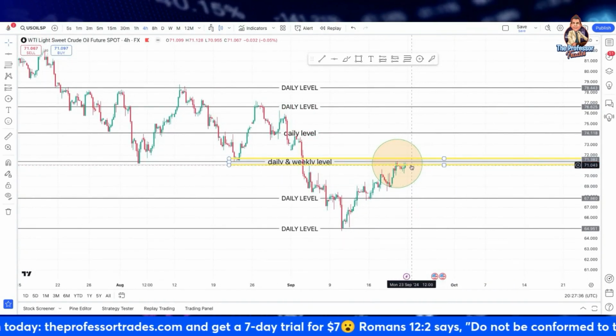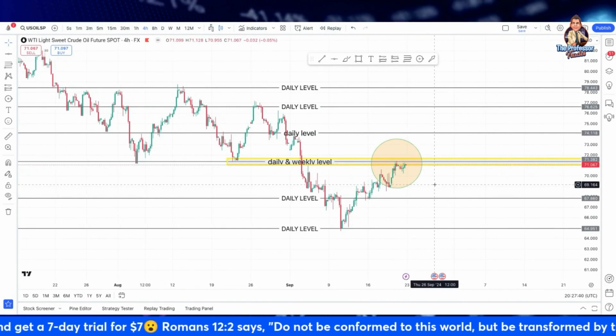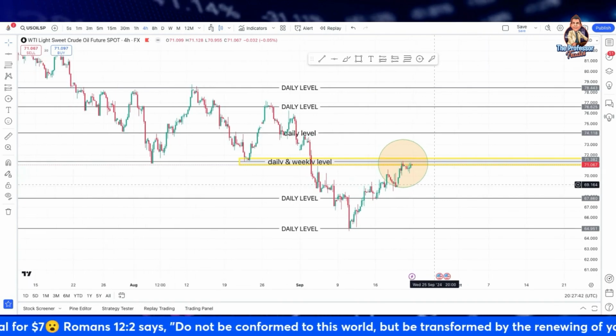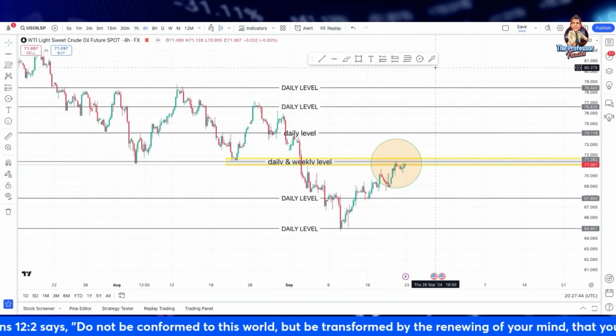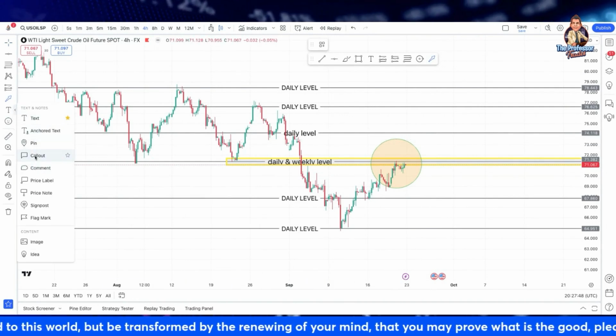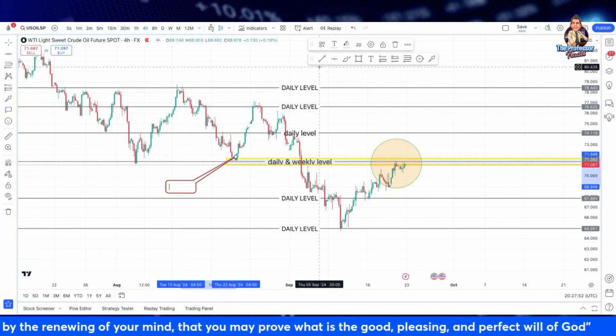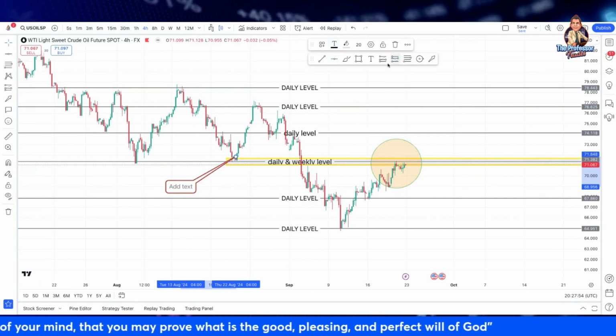We want to see what's going to happen at this 71-ish price that we currently are closed at. And let me anchor this with a callout right in here, and let's make that text black so you can see it.